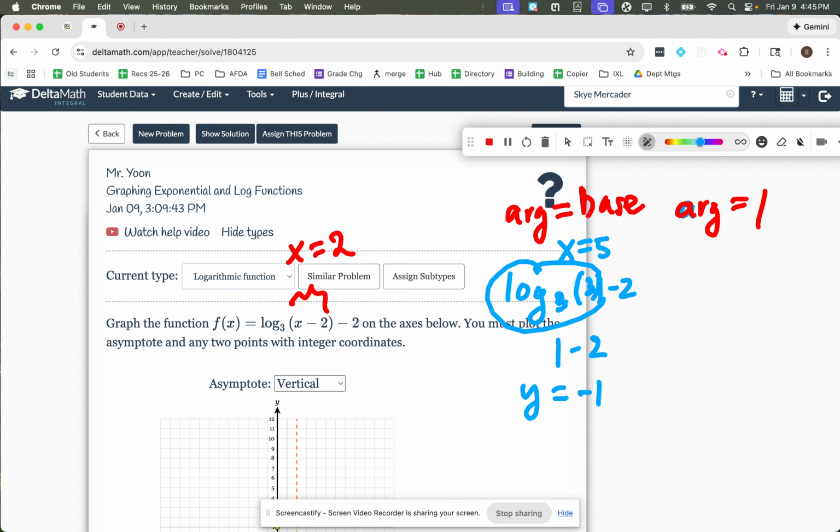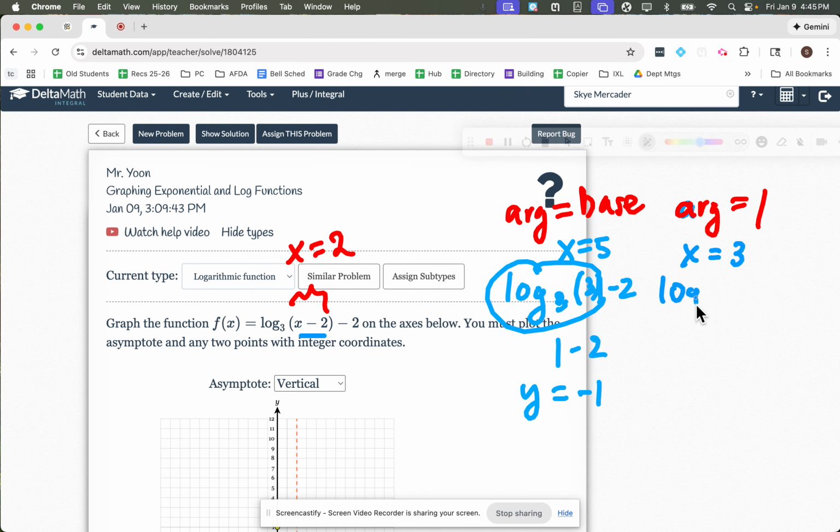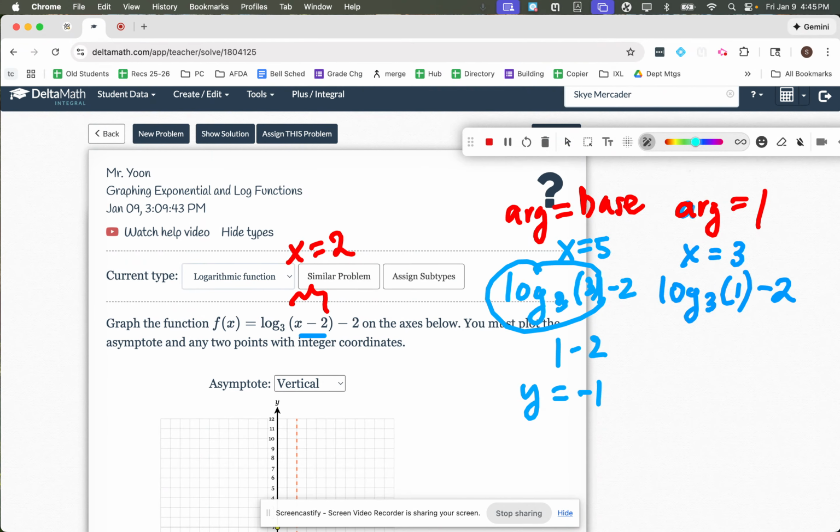In order to make the argument of the log 1, x needs to be 3. That way, when we plug 3 in for x, we're saying our y is log base 3 of 1 minus 2. Well, what is log base 3 of 1?